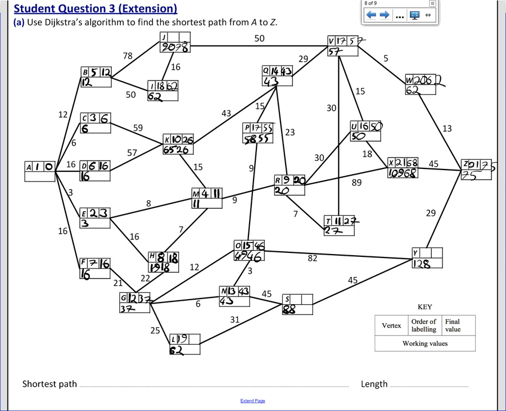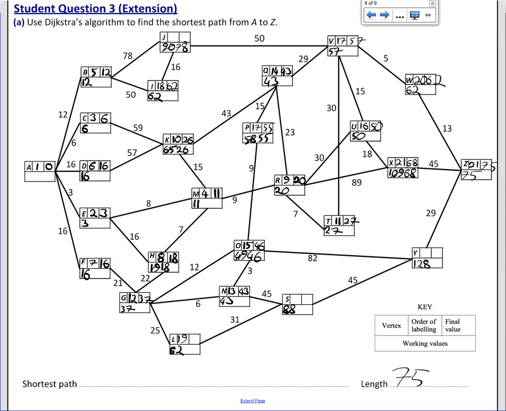So if you say, look at M, that's the fourth one to be added, the shortest distance you can get to M from A is indeed 11. As soon as it permanently gets filled in, then you know that is the truth. So we can get to Z in 75. So I'm going to fill that in at the bottom.